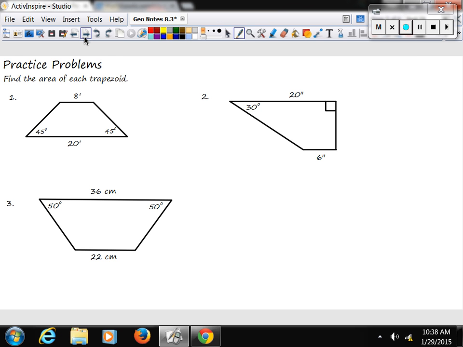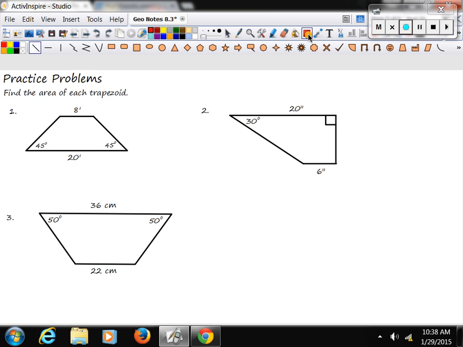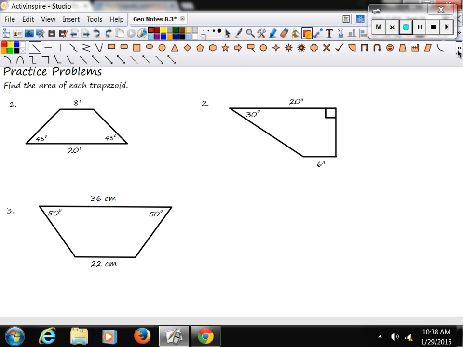We know that if we brought a line straight down right here, let me change that to this line right here.